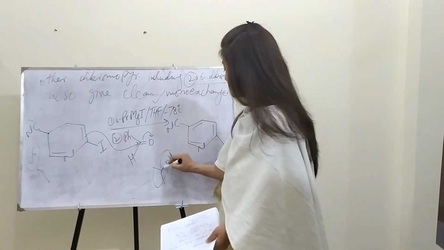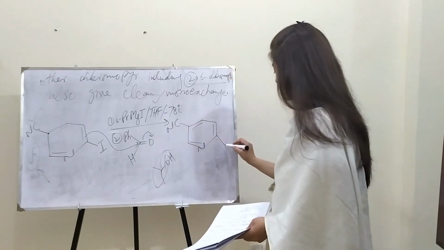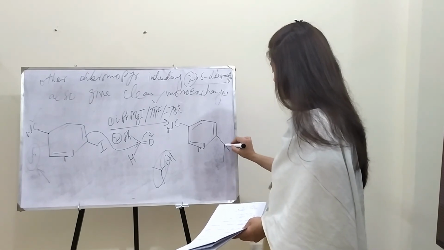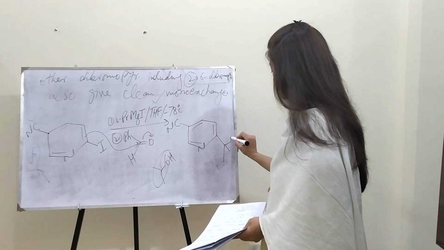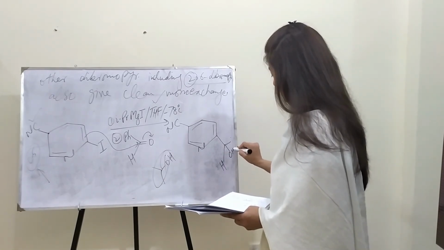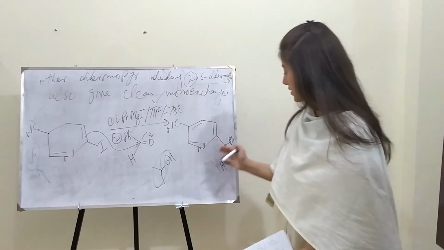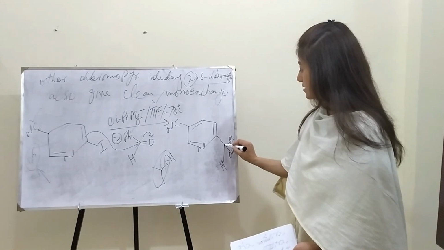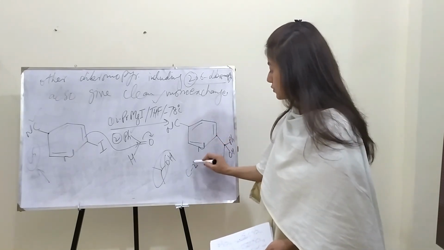So in this case, here it would be like this carbon and then OH, this H, OH, and then Ph, this one, phenyl group. So in this way, here the attack is facilitated at carbon number 2.